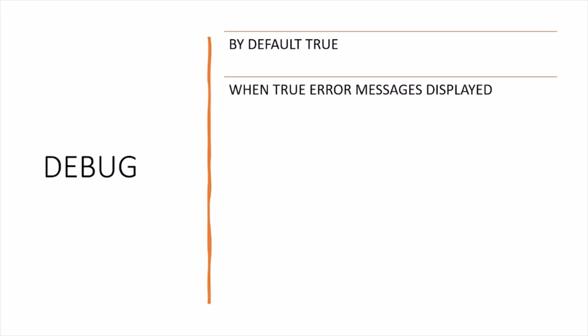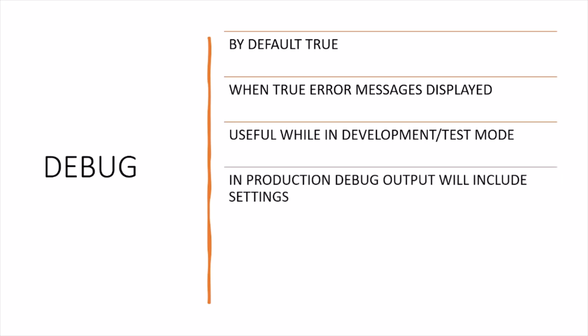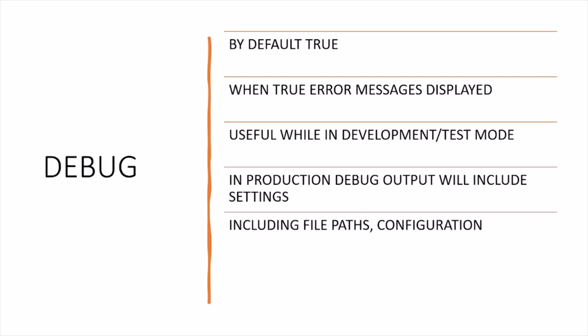When debug is set to true, error messages are displayed, as we've been seeing so far, right? And this is very useful in our development environment or our testing environment. But when we are in the production environment, the debug output could include settings, and among them may be file paths, configuration, etc. Now this is all sensitive information, and displaying all this on screen to the user would of course make your server susceptible to attack.